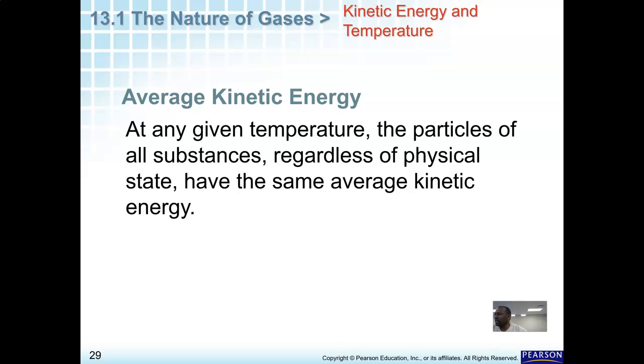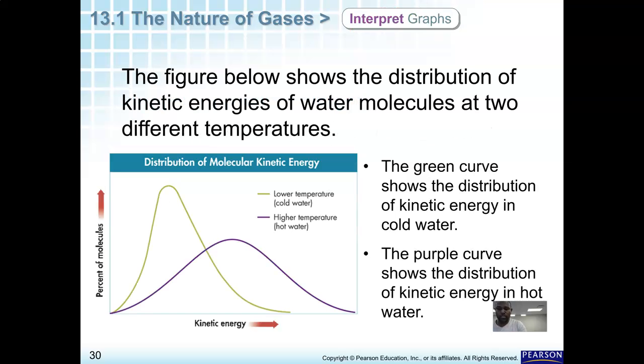All the particles in steel have the same average kinetic energy. And I have a cork right here, which is a solid substance, so it has particles in it. The average kinetic energy of the particles in a cork is also the same. But not every particle in it has the same kinetic energy. We are talking about the average kinetic energy.